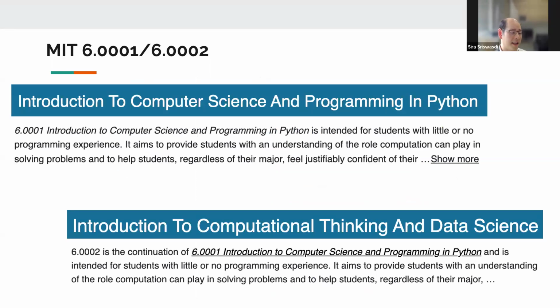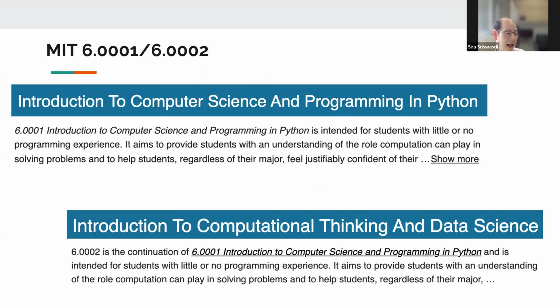And for those of you who want even more practice with Python and its application in data science and computational thinking, I highly recommend these two classes, 6.0001 and 6.0002, from MIT OpenCourseWare.